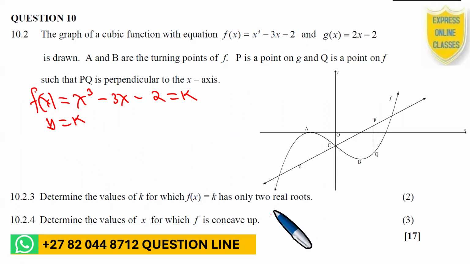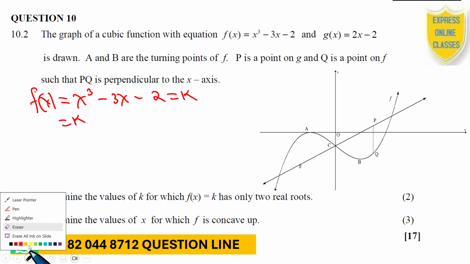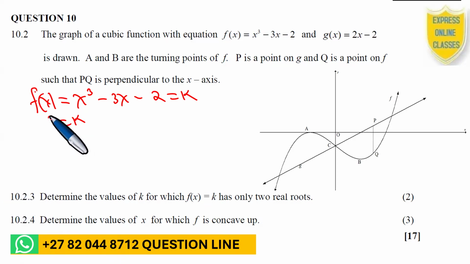And now these two graphs, we must draw both of them. But these two graphs must intersect each other. And they must have either one point of intersection, 2 points of intersection, or 3 points of intersection, or more if that is possible. So this is the cubic graph.